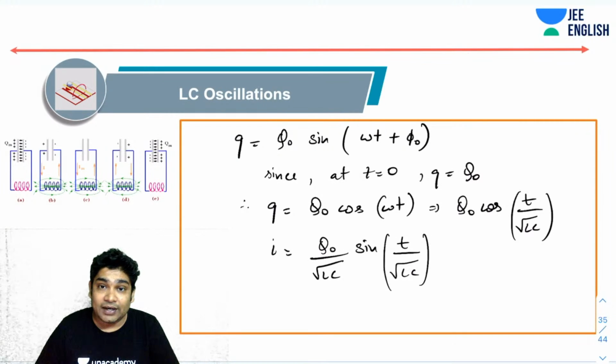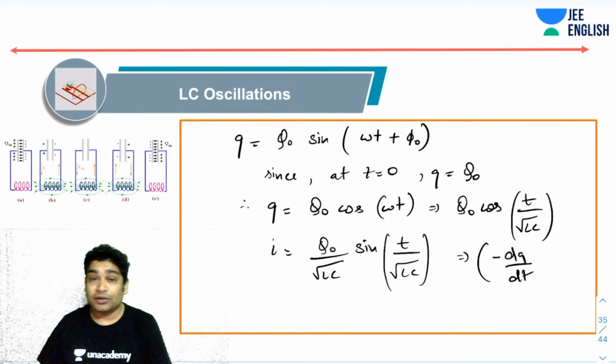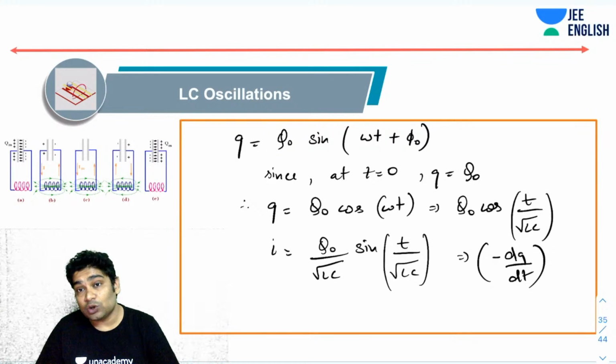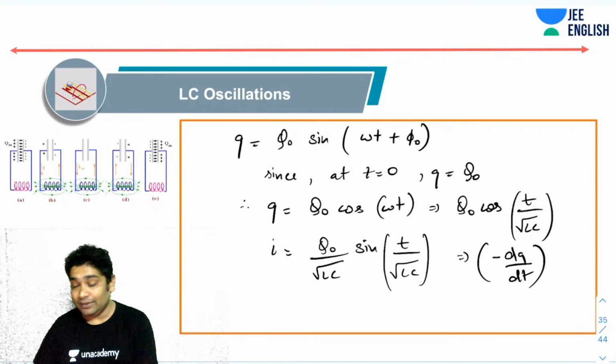So minus dq by dt would have given me this. You realize at t equals 0, the current is 0, and then it grows to a maximum of Q naught over root LC, and then it also oscillates sinusoidally.